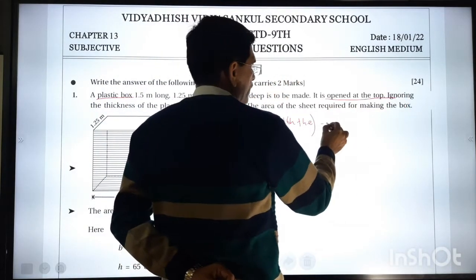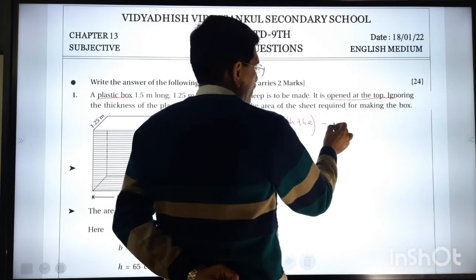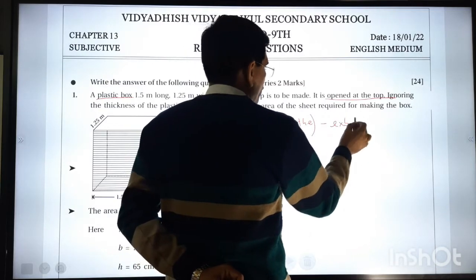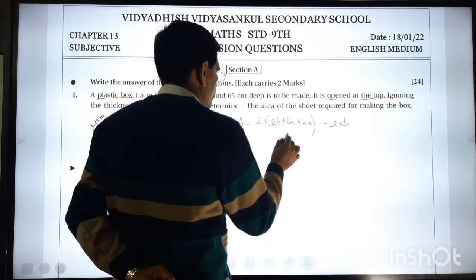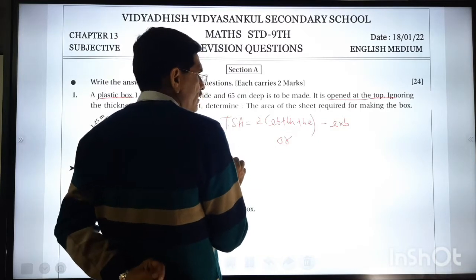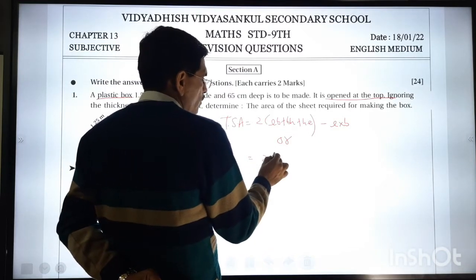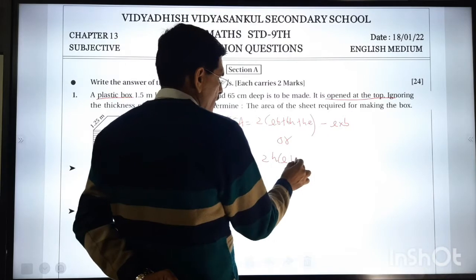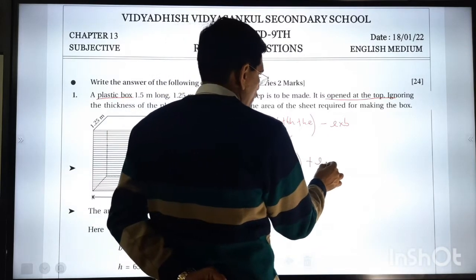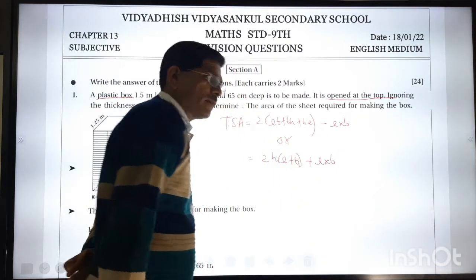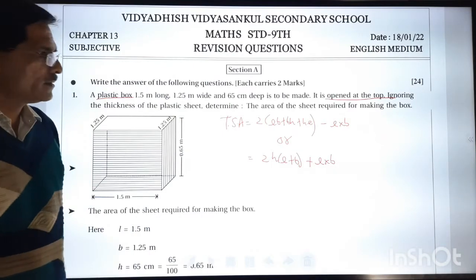So we can write minus L into B, or we can use another formula, that is 2H(L plus B) plus L into B. Two different formulas we can use for this.